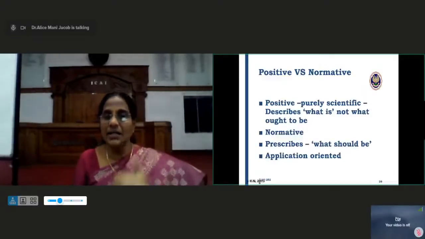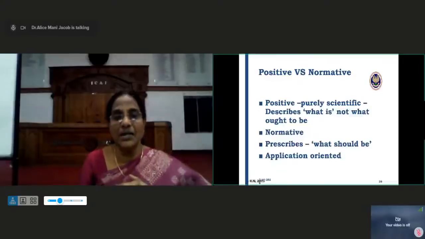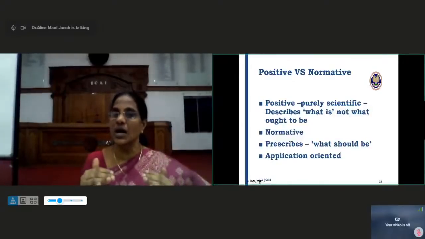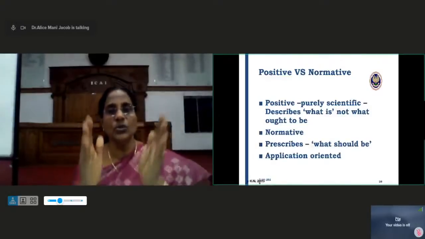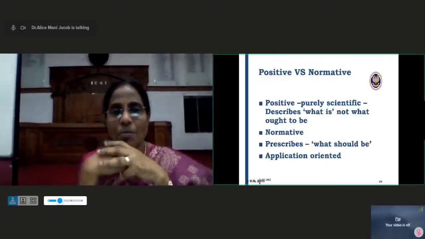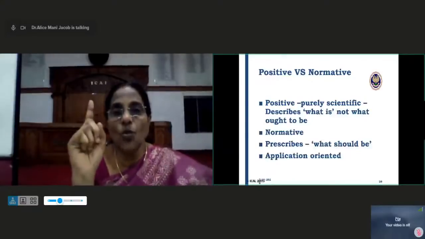So your action should be towards respecting elders. There are certain other norms in your families, isn't it? In the Indian background, there are lots of norms of behavior. Religious norms are there, social norms are there, and we try to behave according to the norms. Like that, normative economics prescribes what should be done.